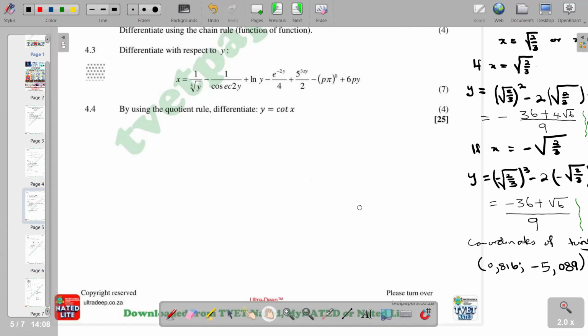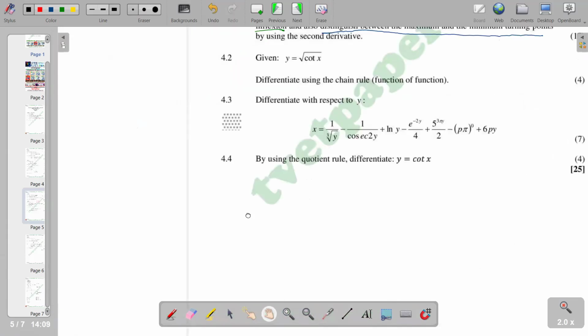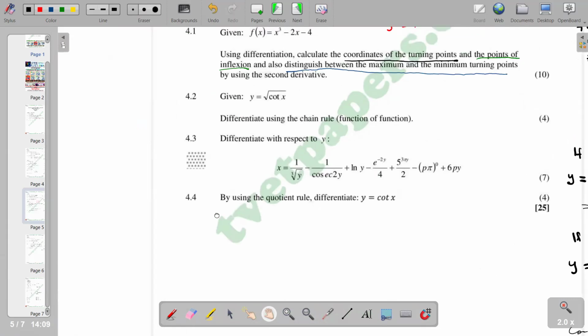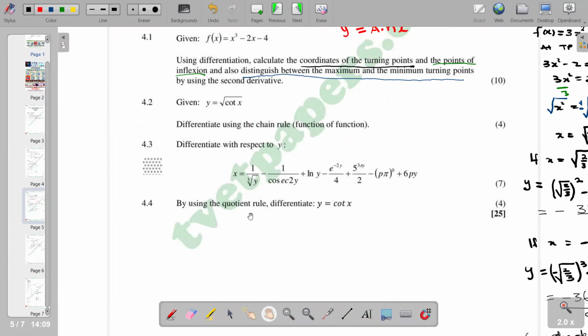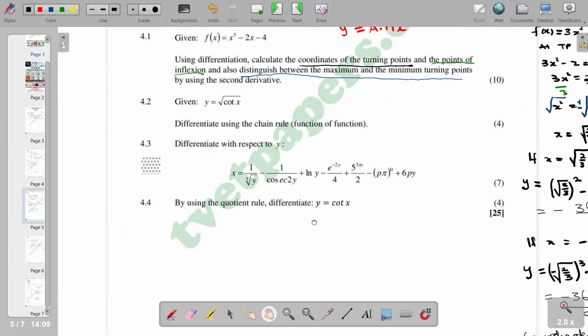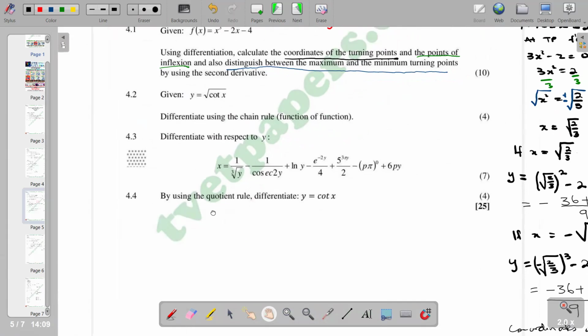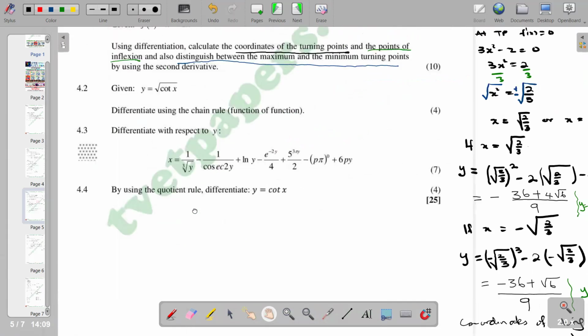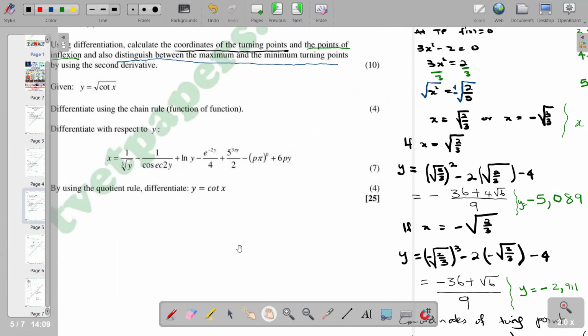Then we go to question 4.2. So to simplify question 4.2, let's just create some space here.